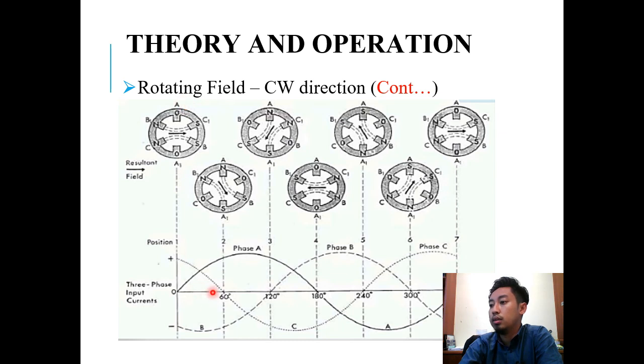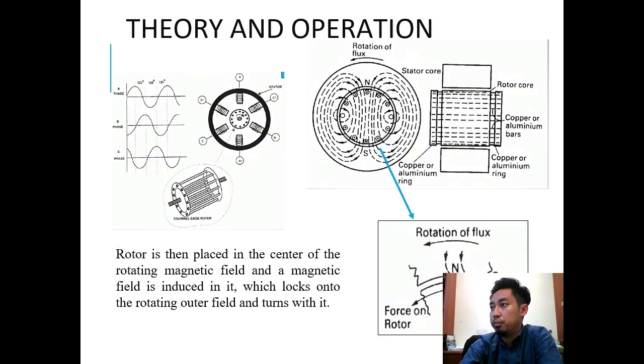This is the phase angle from 120 to 240 and 360. How the rotation of the rotating field works, you can refer to the YouTube video I gave you on how the induction motor works.